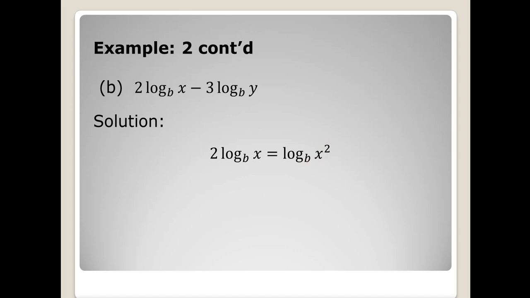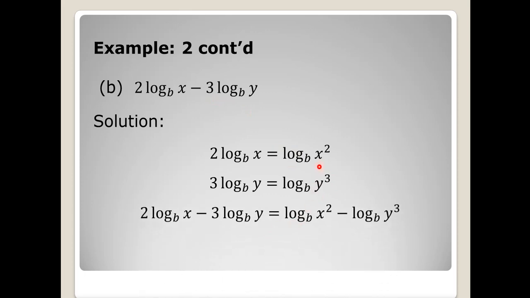The same way. 3 log y to base b, we can write it as log y index 3 to base b. See, the 3 in front of log, we can give it to y as an index. Then these two logs are equivalent to log x squared minus log y cubed. Both logs have the same base, that is b.